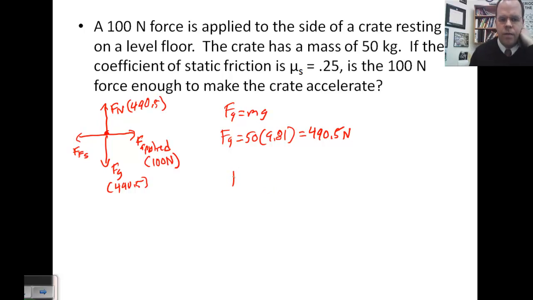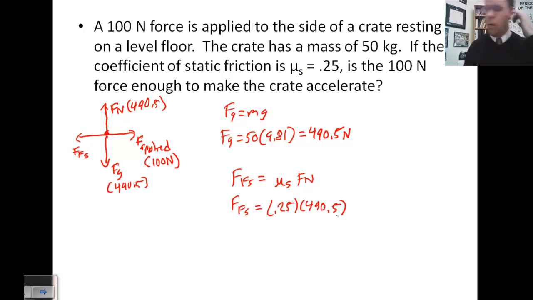So now we've got to find the frictional force. Force of friction static is the coefficient of static friction times the normal force. So the force of friction static is 0.25 times 490.5. Comes out to 122.6 newtons.